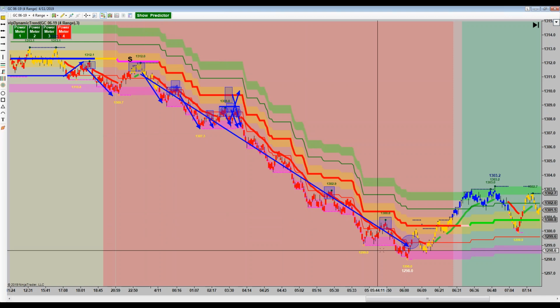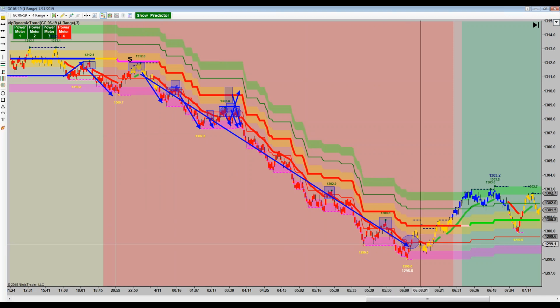And you covered down here at 12.99. How many ticks per point? How many ticks per point on gold? Anybody? 10. All right, so you got 12.99 to 13.11, which is 12 points.